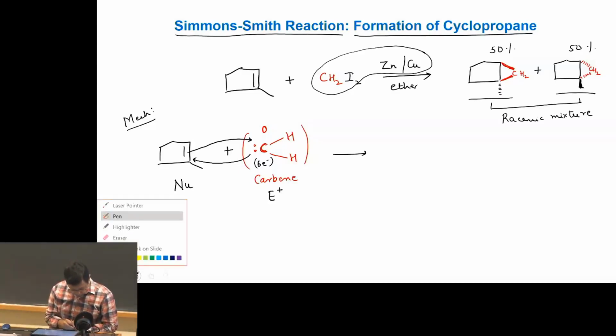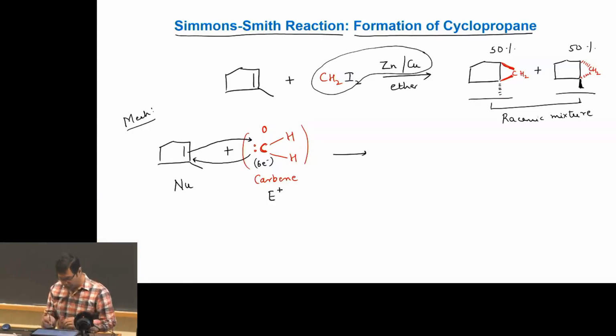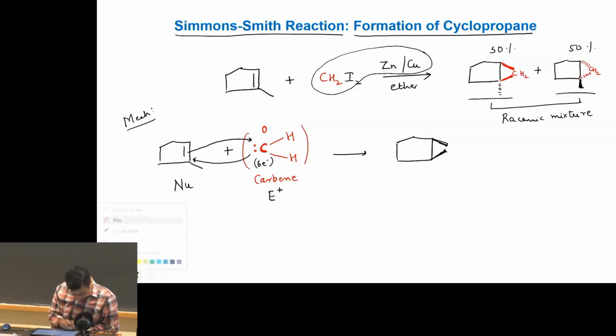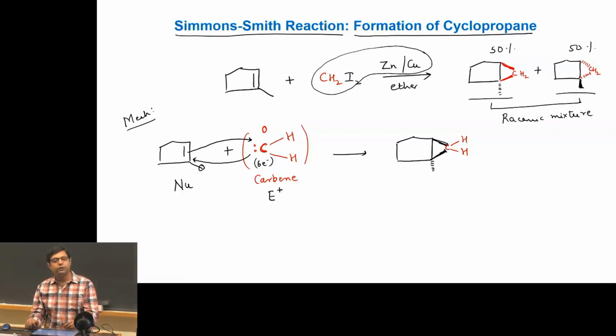I'm just showing you the product when the attack happens from the top. So this is the ring. The attack is happening from the top. So you form the cyclopropane ring on the top, and this is your CH2. Because you form the cyclopropane ring on the top, this CH3 is pushed to the bottom, right?